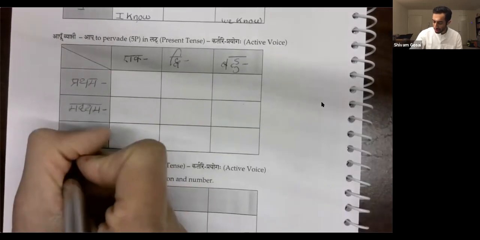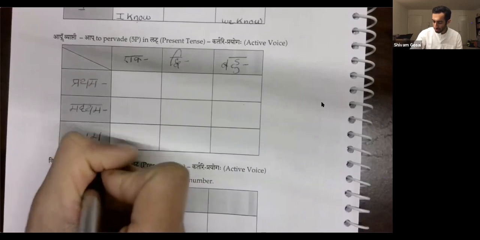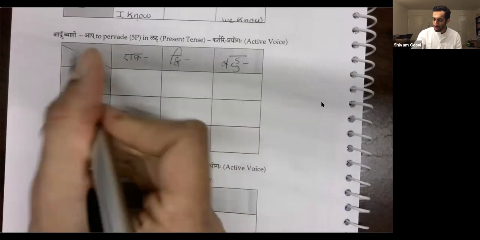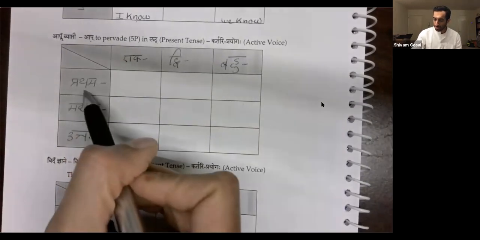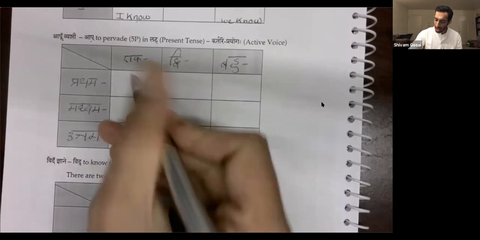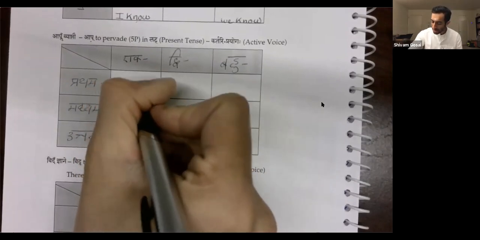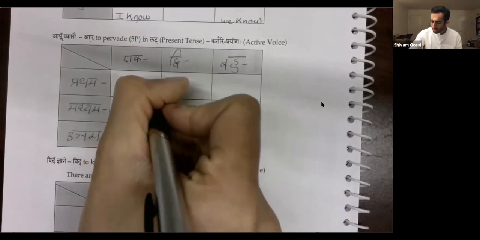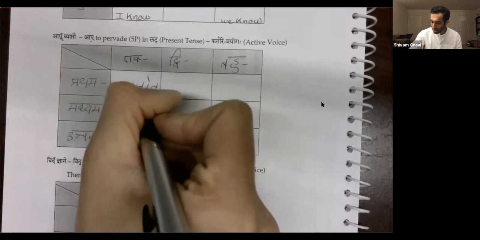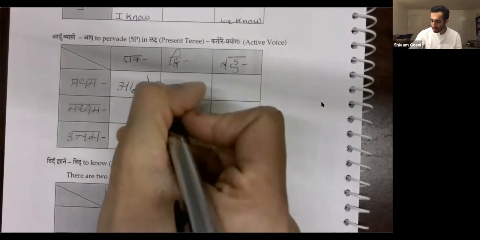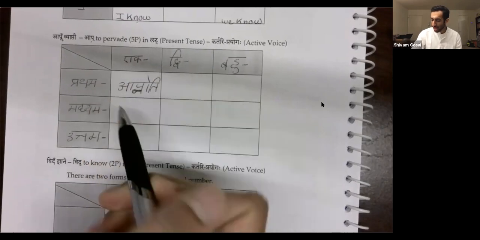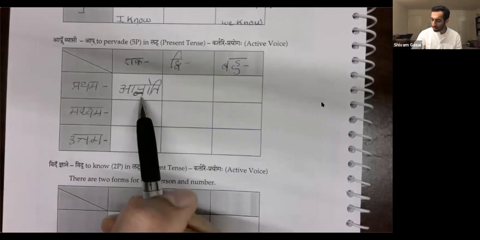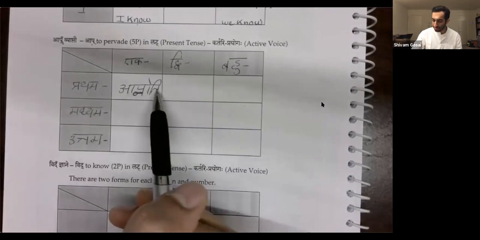Madhyama purusha and uttama purusha. Okay, so for ap dhatu in pratama purusha ekavachanam is apnoti. Notice how there's a nakara that gets added here. So ap, and then this half nakara gets added here. So it's ap dhatu, but then we add this half nakara, so apna, and then oti, apnoti.